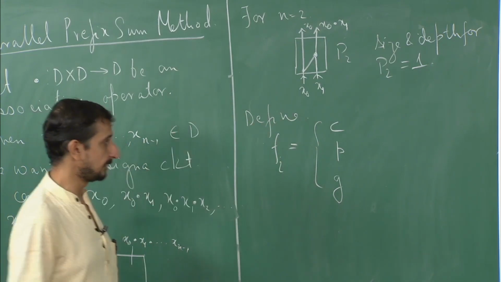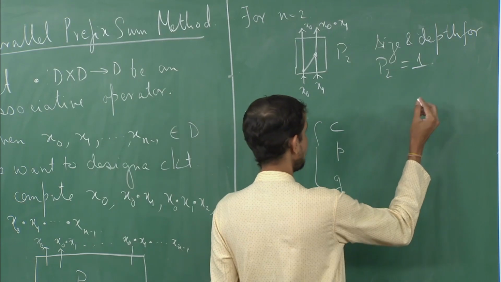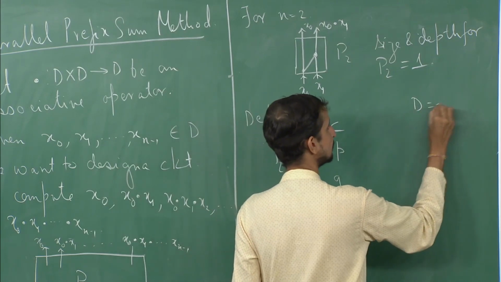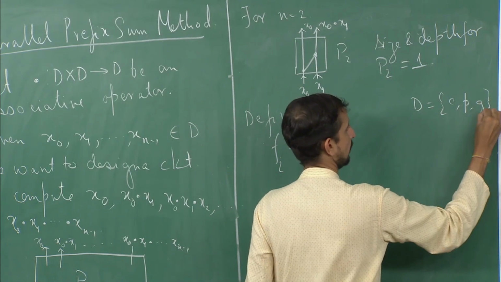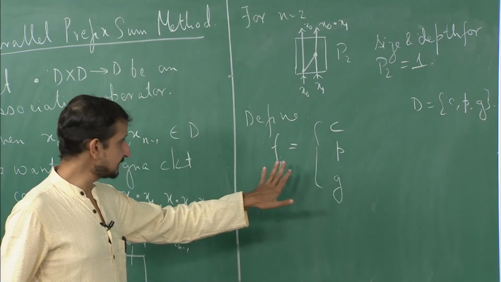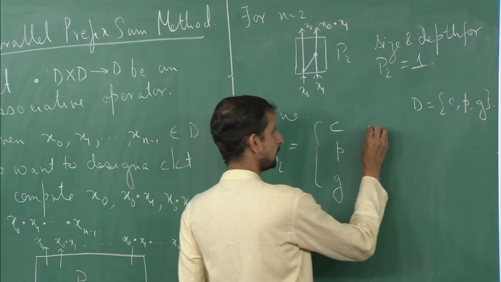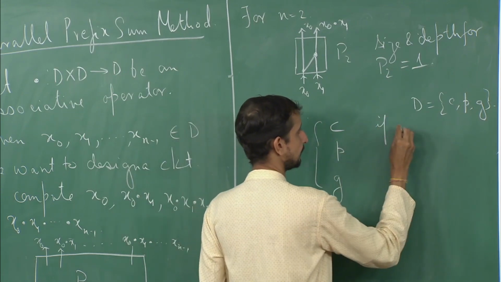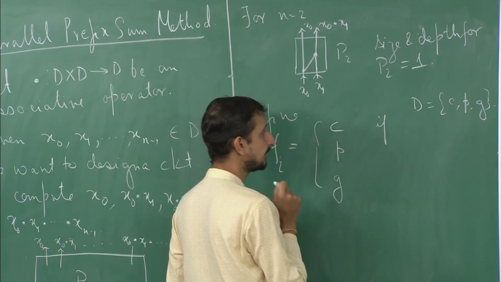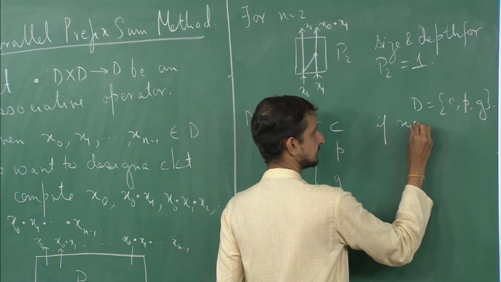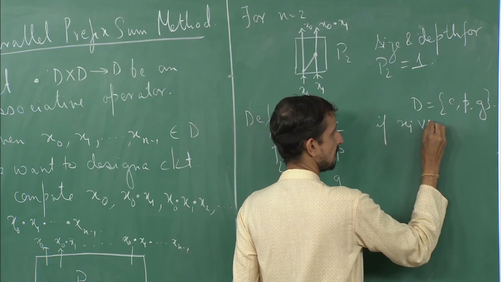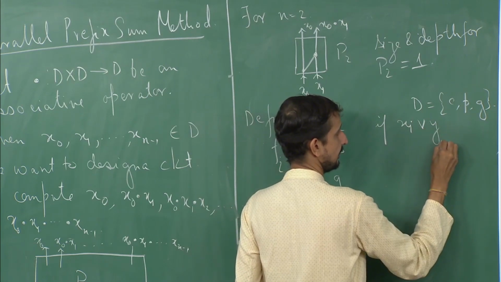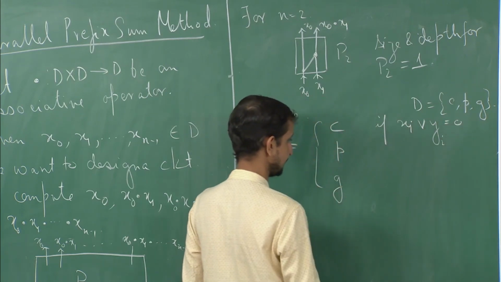We want to define it in terms of the addition problem, and here we will take our domain also to be C, P and G. So, when is f i equal to C? f i will be equal to C if, so this is the clear bit, if xi and yi equal 0.